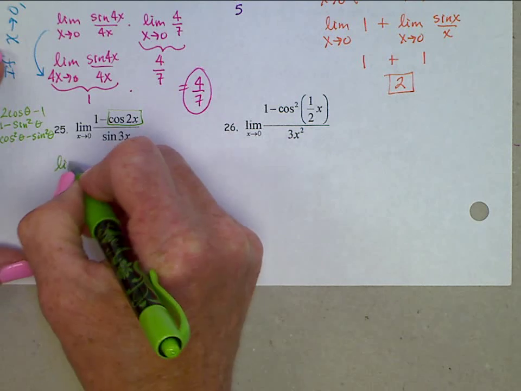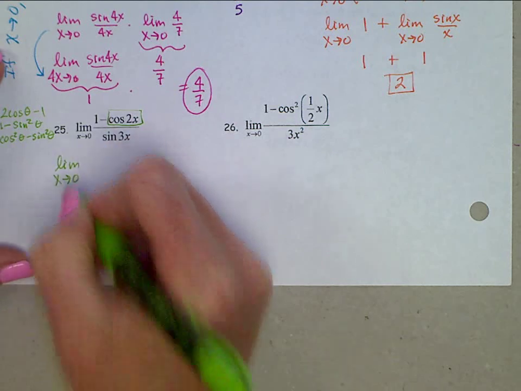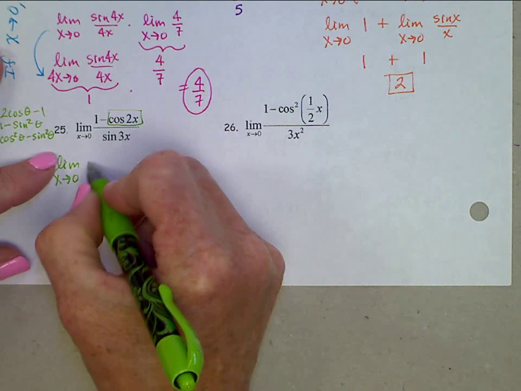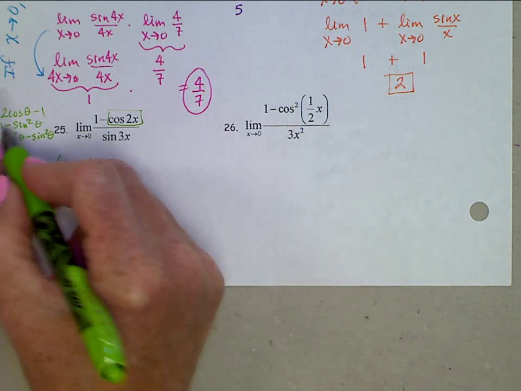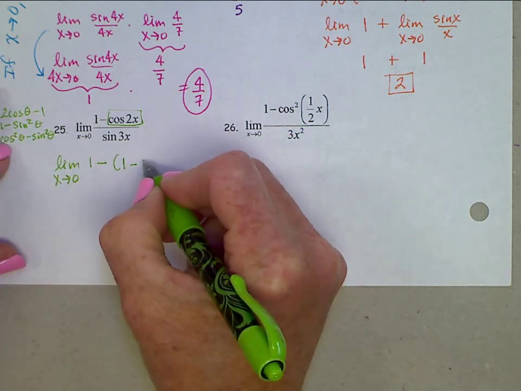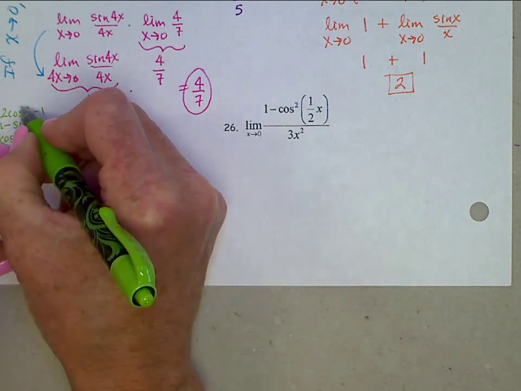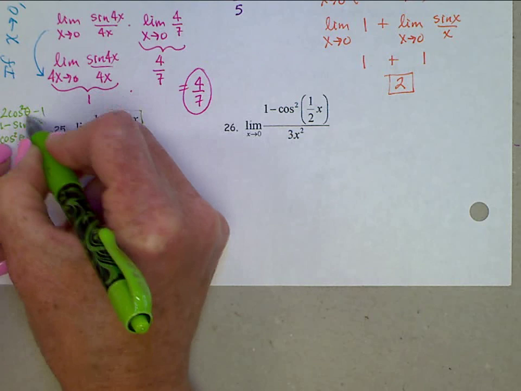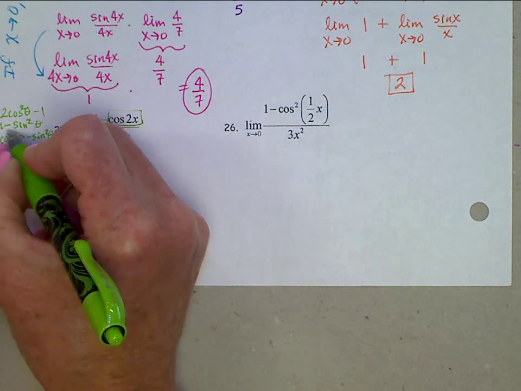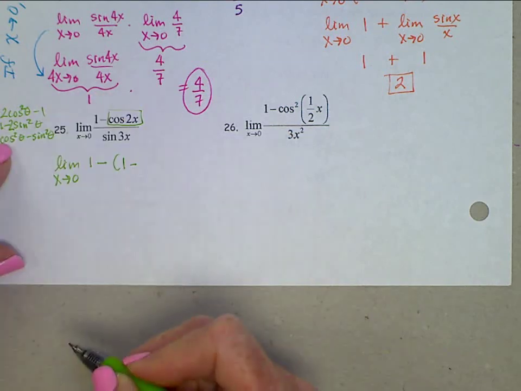So let's do the limit as x approaches 0 of 1 minus, we're going to have to choose this middle one. Uh-oh. I think I said this over here, but I didn't write it. It should have been 2 cosine squared theta minus 1, and this should have been 1 minus 2 sine squared. I'm so sorry.